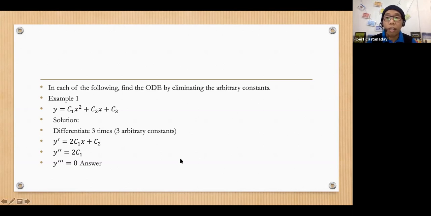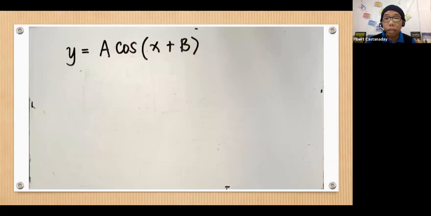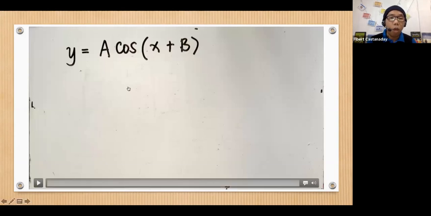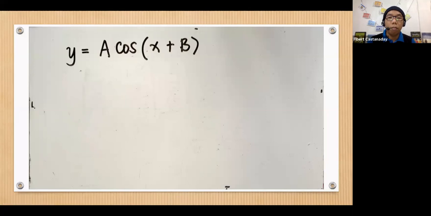Now I have here in the next slide, I have recorded a video solving some of the examples for arriving at a differential equation. So the first one here is y equals a cosine of x plus b. So I have here a trigonometric function, and a and b are arbitrary constants.